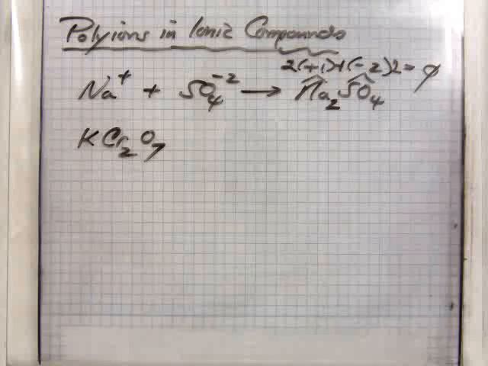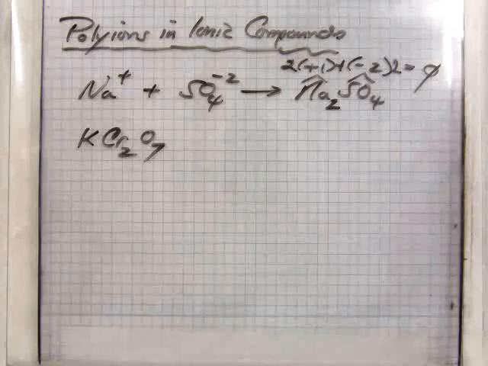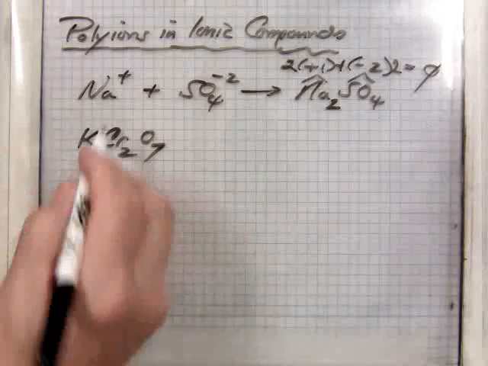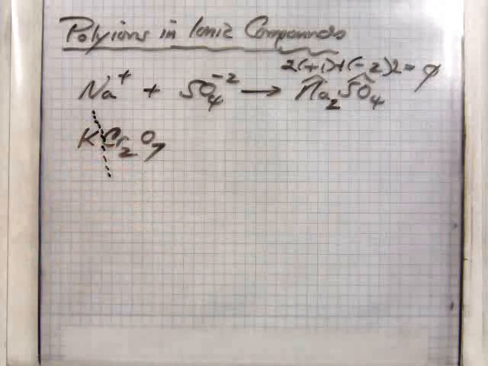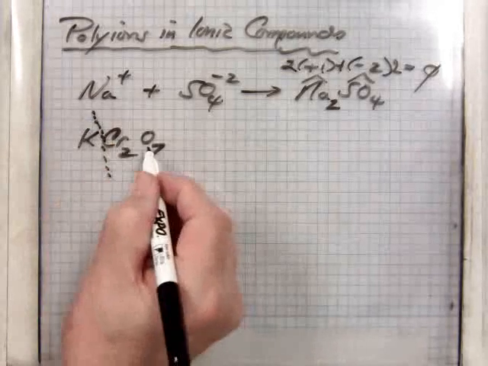How do you know what the positive component and the negative component is in that formula? This is a rule that I tell students, and it simplifies it. When you look at the formula as written from left to right, isolate mentally the first metal in that structure. Everything else behind that first metal is the polyion.